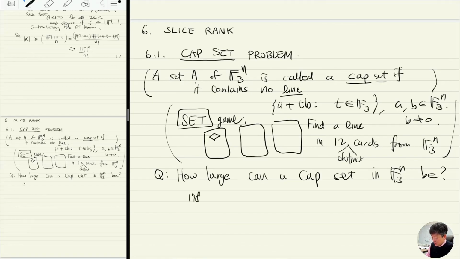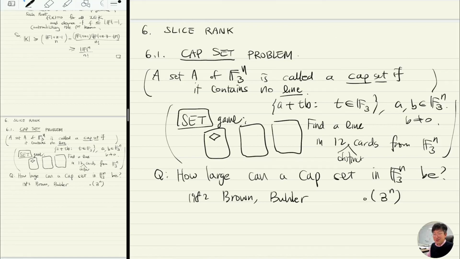In 1982, Brown and Buhler proved that a capset has size little o of 3 to the n. Do you know the meaning of little o? This means that the size of the capset divided by 3 to the n goes to 0 as n goes to infinity.